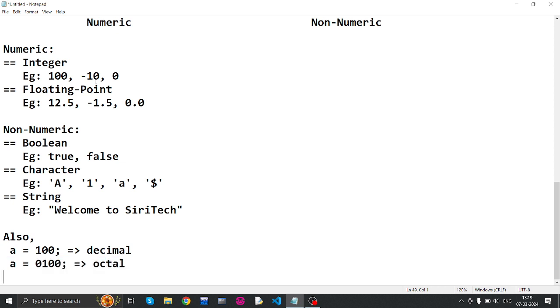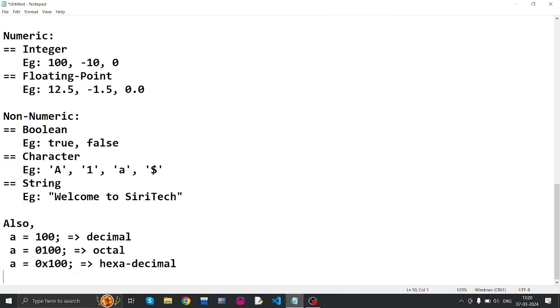Any number preceded by 0x, x can be capital or small letter, is treated as a hexadecimal literal.